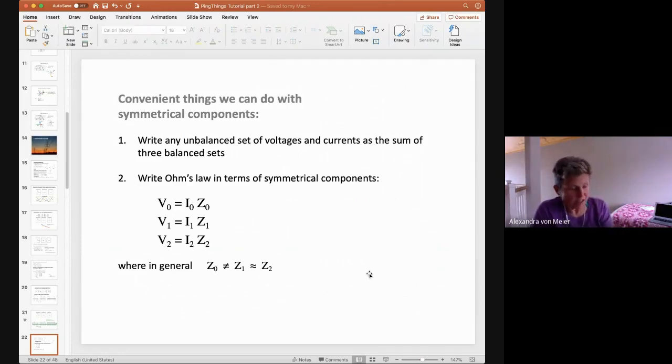A lot of PMUs are reporting from the transmission system where phase imbalance is not usually very interesting. They will report only what's called a positive sequence quantity for voltage and current. And basically what that means is from 3-phase measurements, or it might even just measure a single phase.